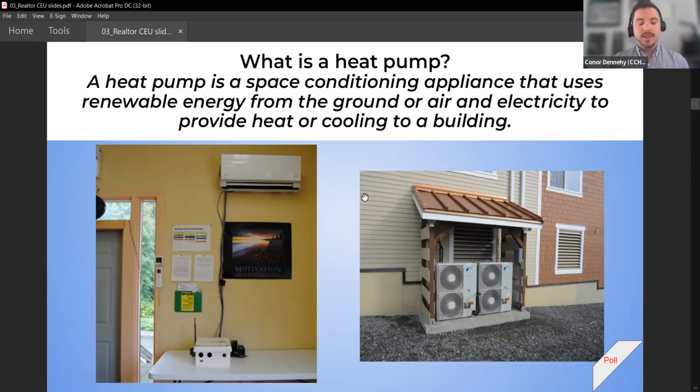So we'll be focusing on mini splits, and further, on ductless mini splits. The picture on the left shows you the interior head of the ductless mini split, and that's actually where the fan is that helps distribute the heat or the cooling. That's why it's called a ductless, because it's just the interior head.